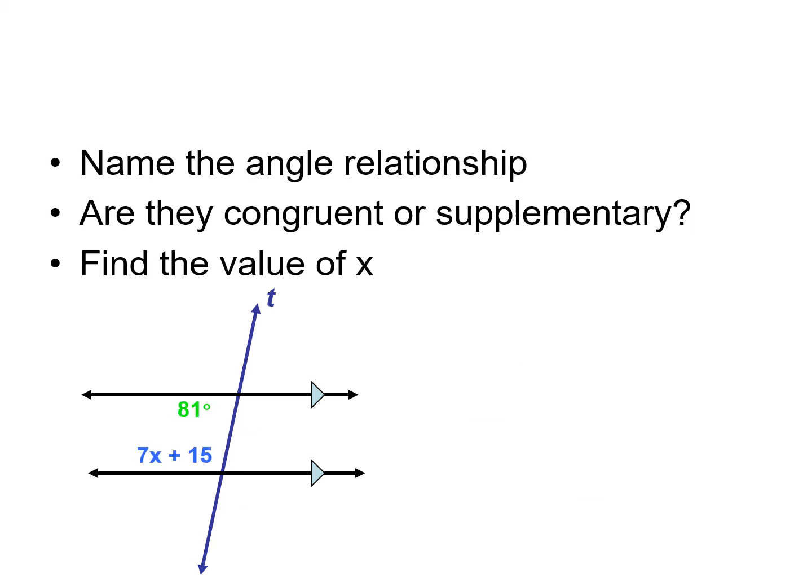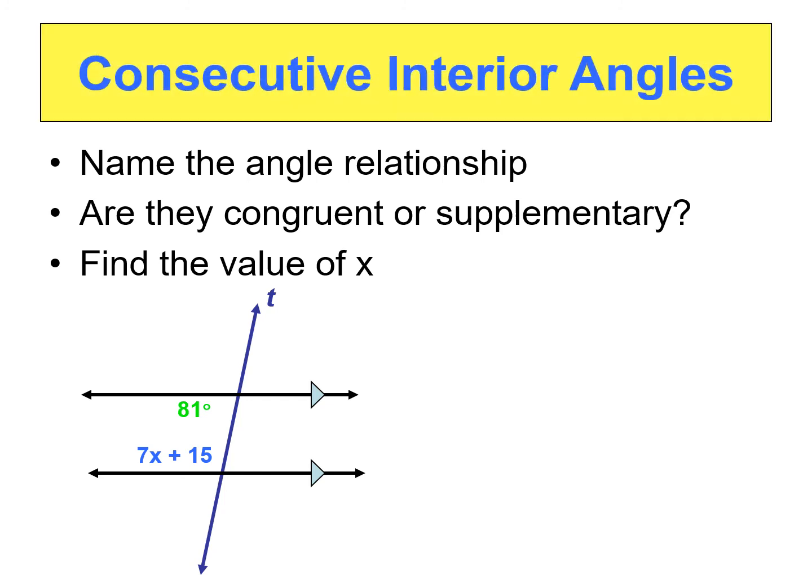Next, name the angle relationship. Carefully observe, it is consecutive interior angles. Are they congruent? No, this time they are not congruent, but they are supplementary. That means the sum of both angles is 180 degrees.